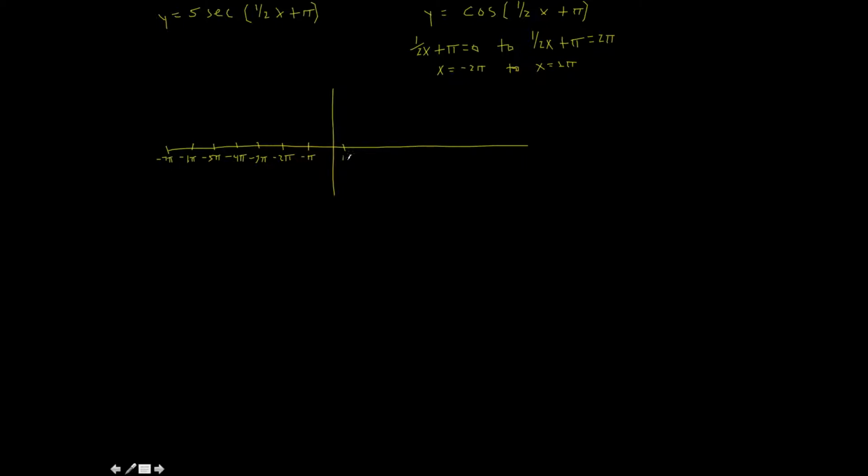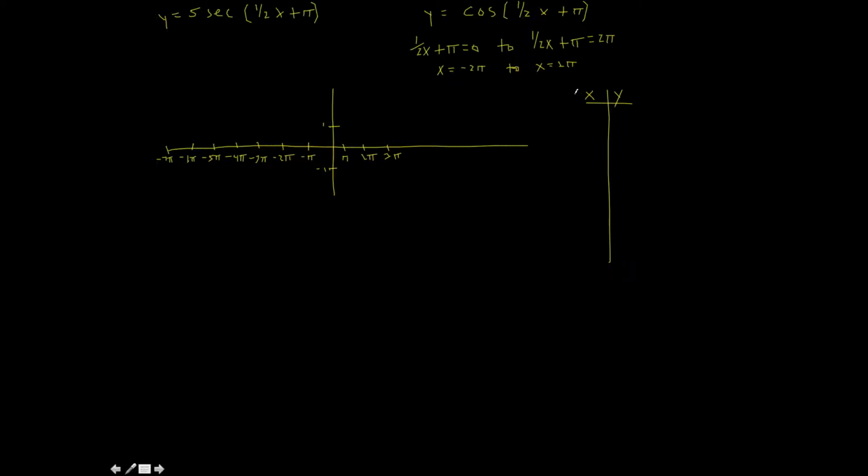Remember, we're graphing this from negative 7 pi to 3 pi. So it's going to look something like this. There's 1, there's negative 1. Alright, so we're graphing the cosine function. So let's go ahead, make our t-chart.